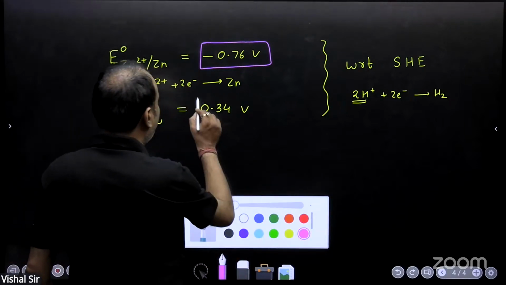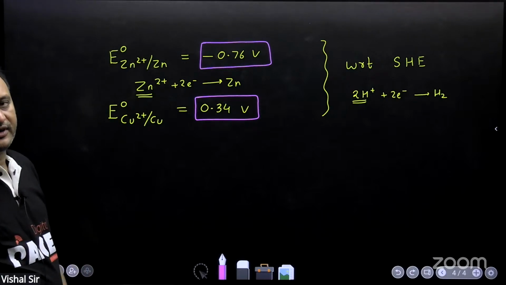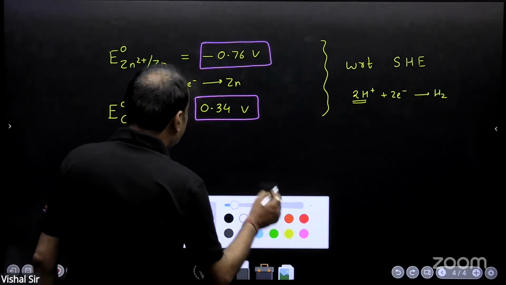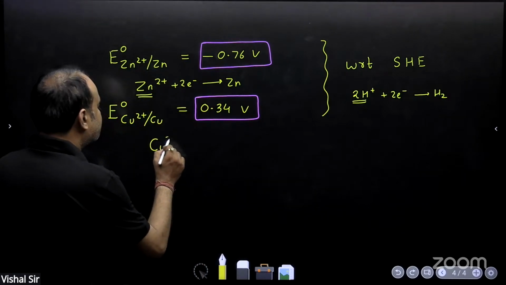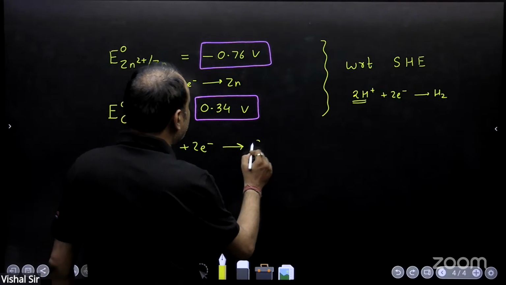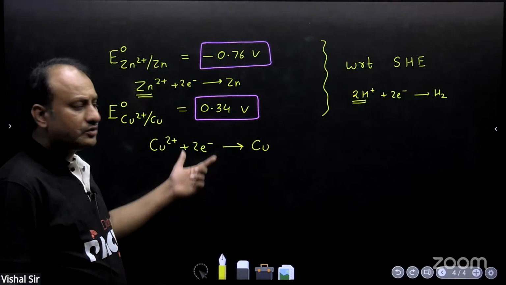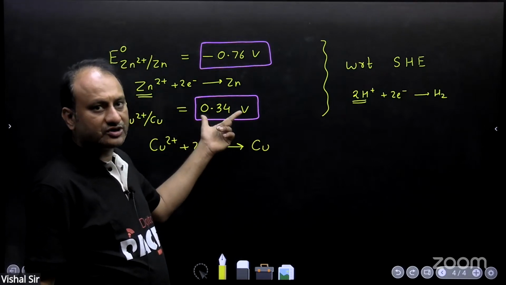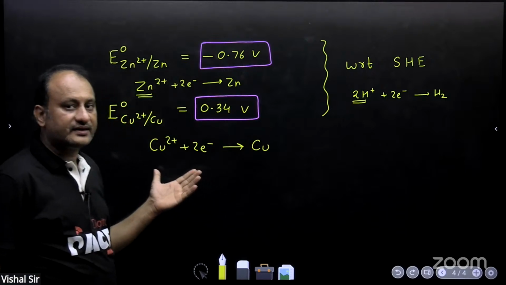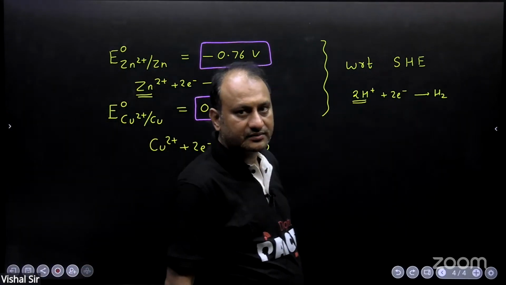Versus like for copper. For copper, the reduction voltage is given to you as 0.34. So here what does this mean? The reduction reaction of copper is Cu2+ plus 2 electrons goes to Cu. And you can see the reduction voltage is positive, greater than hydrogen. It means this reaction has a higher tendency to happen as compared to this reaction.